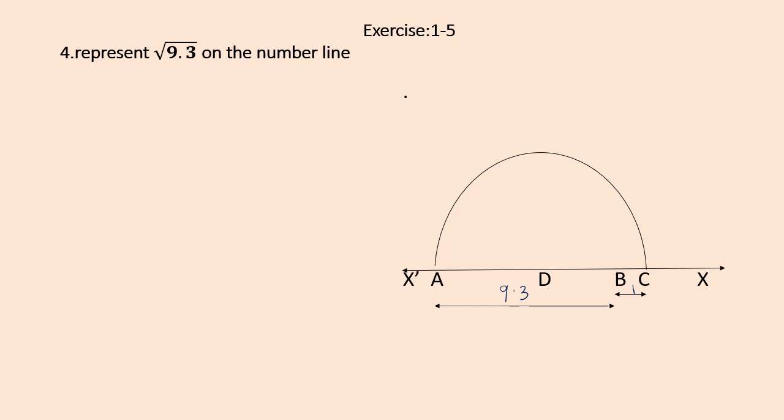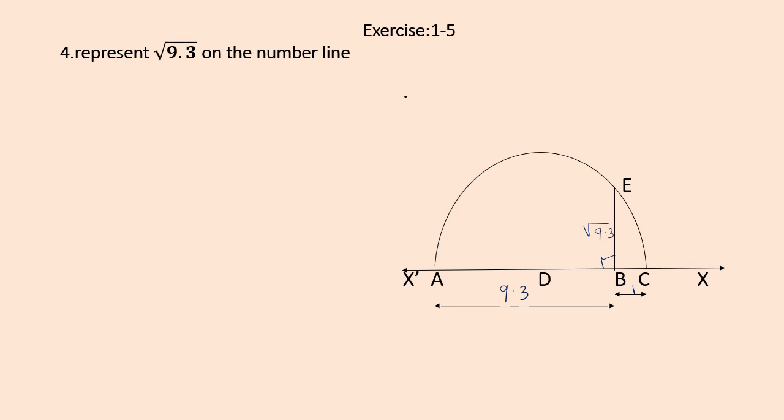Next step is from B you have to draw a perpendicular and it will intersect the semicircle, since angle B is 90 degrees. Mark the point of intersection as E. Now BE represents root 9.3.